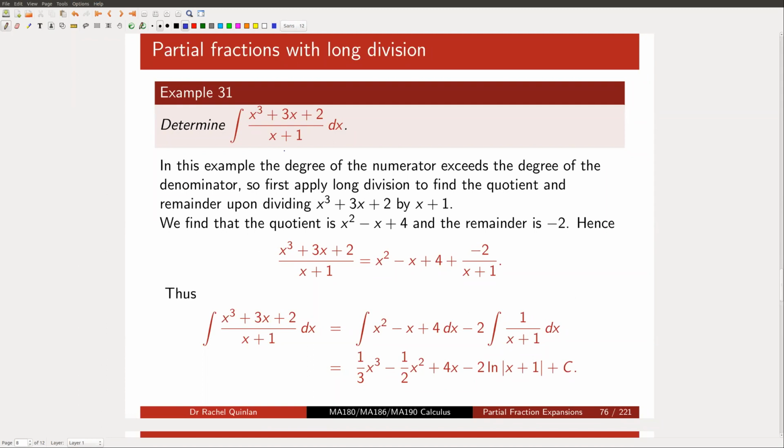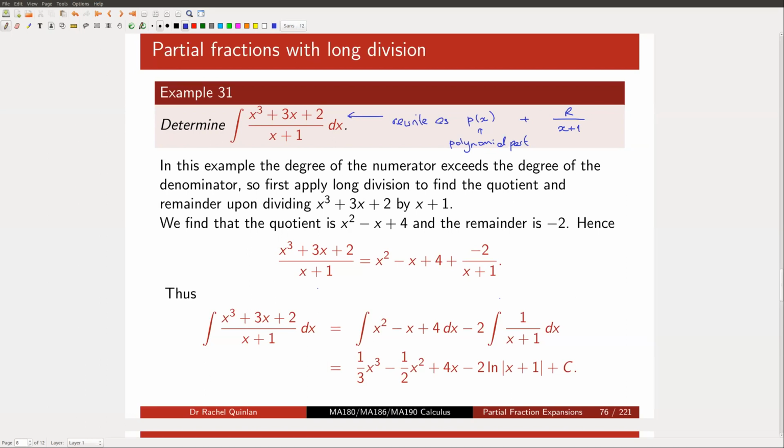So the first step is to rewrite this as a polynomial part, which means non-negative powers of x with real coefficients, no denominator, plus a remainder over x plus 1. And the remainder will just be a number. That's the remainder upon dividing x cubed plus 3x plus 2 by x plus 1.